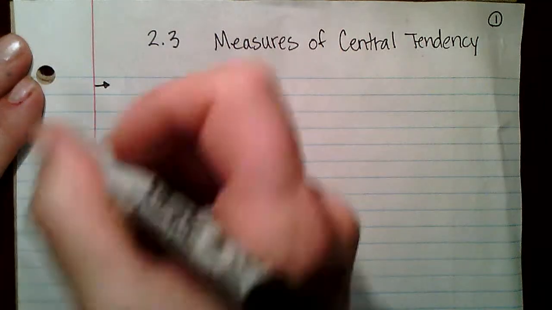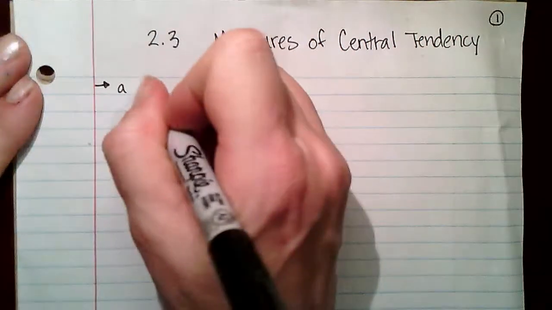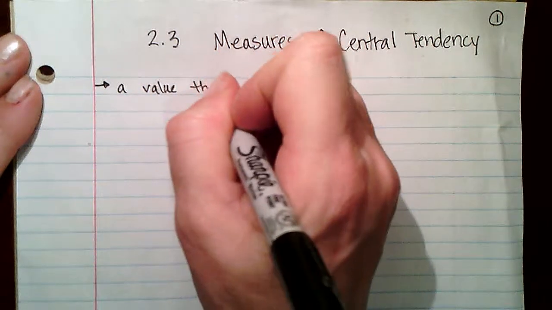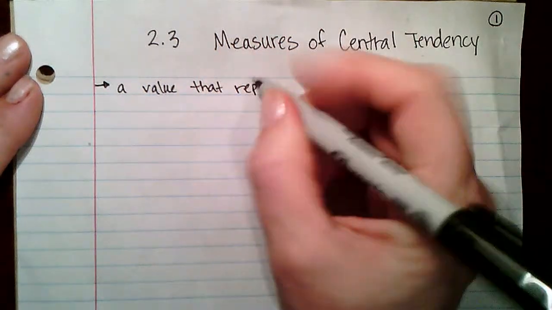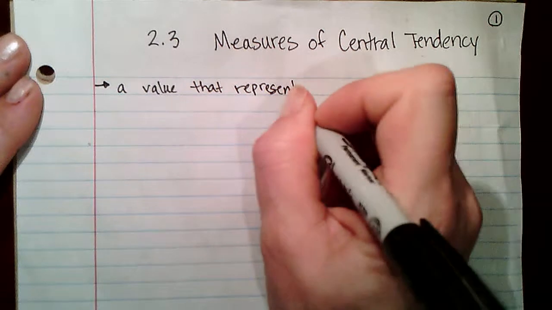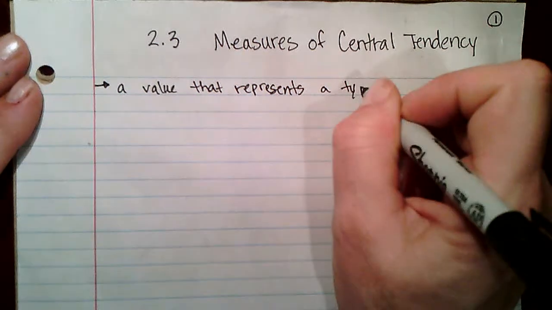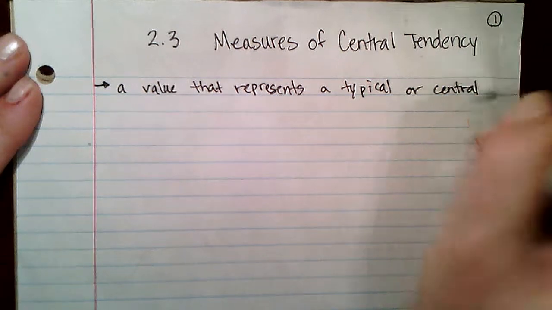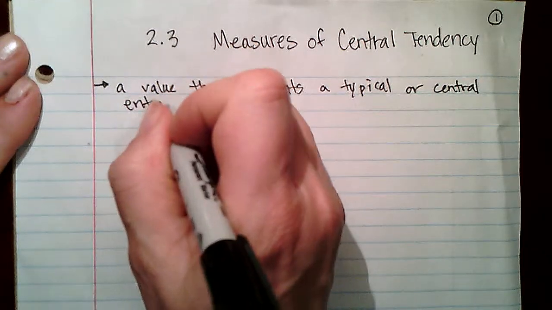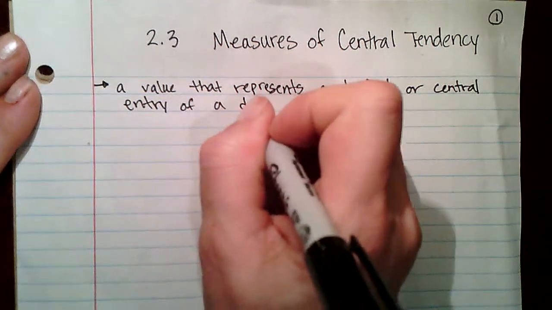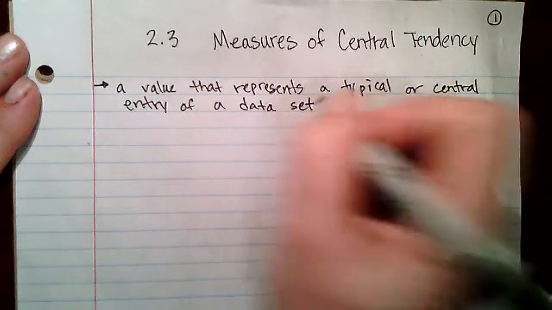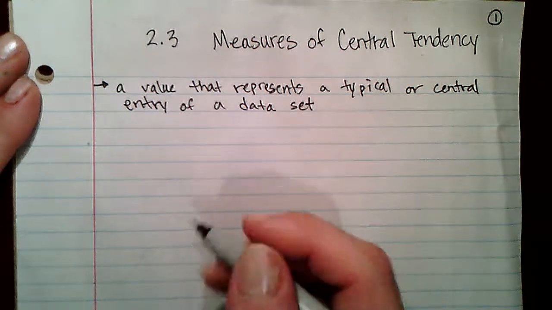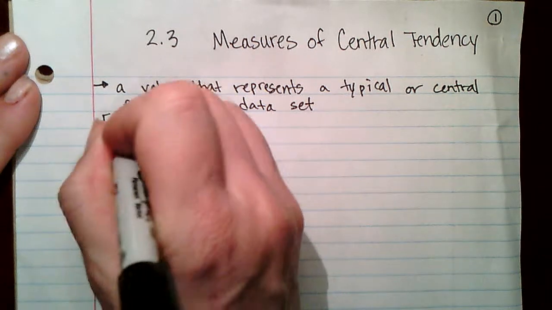A measure of central tendency is a value that represents a typical or central entry of a data set. Some examples of measures of central tendency.